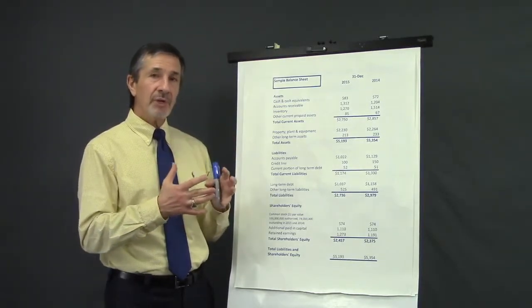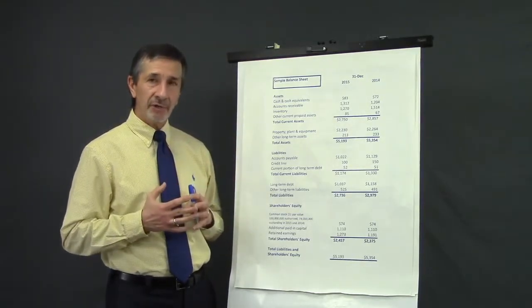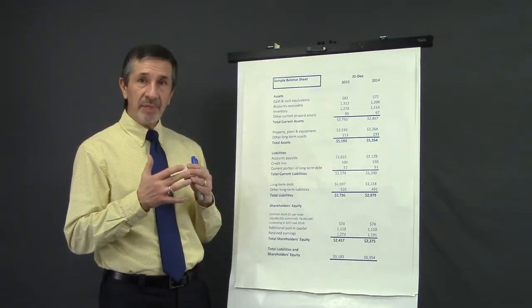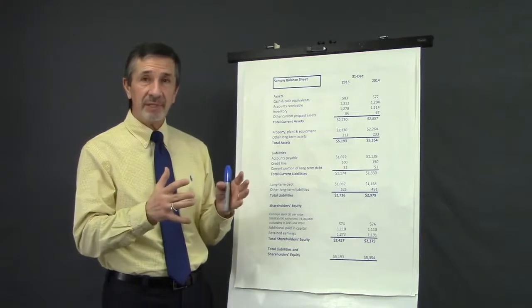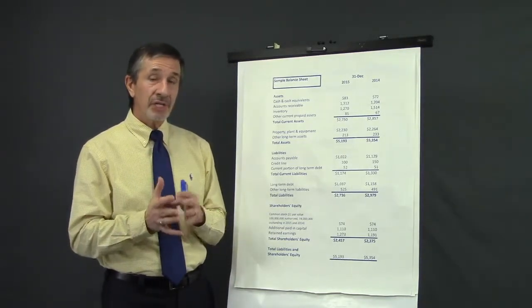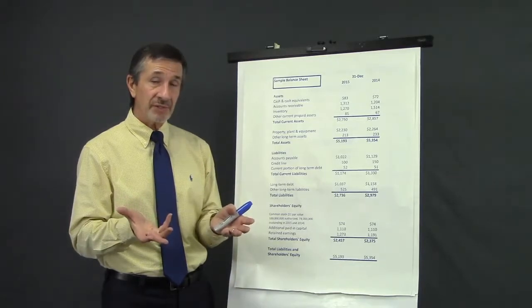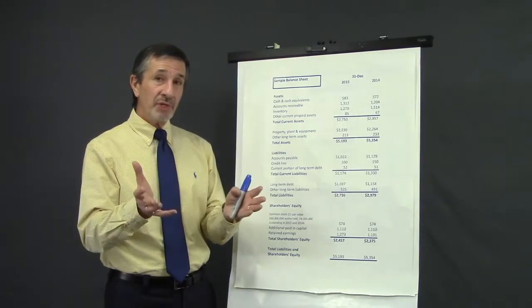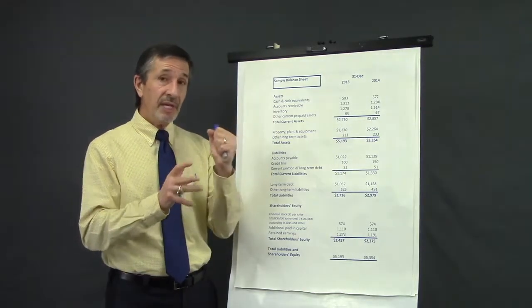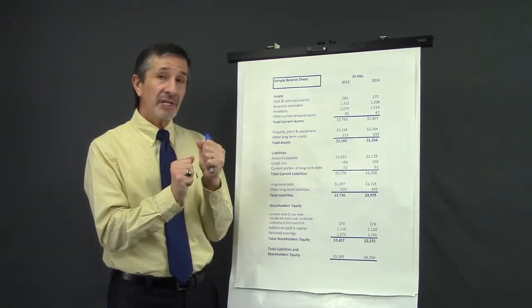So equity is also called retained earnings. That profit piece that comes from the income statement really flows into the balance sheet as retained earnings. Now, I'm going to show you a graph on how these two, the income statement and the balance sheet, actually relate to each other.